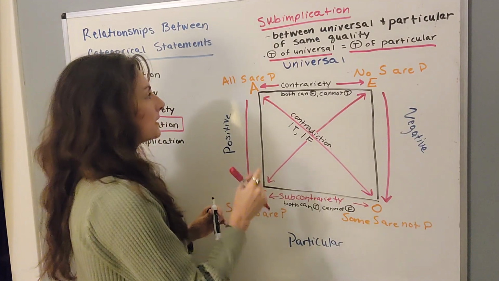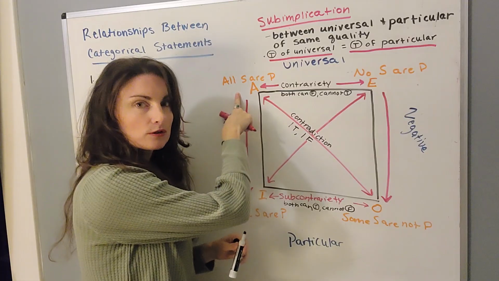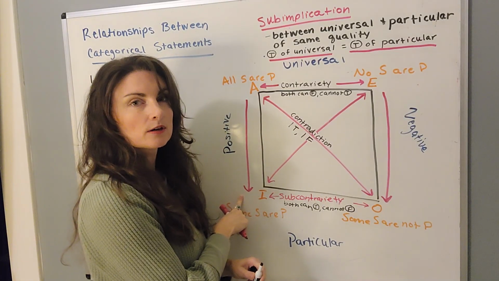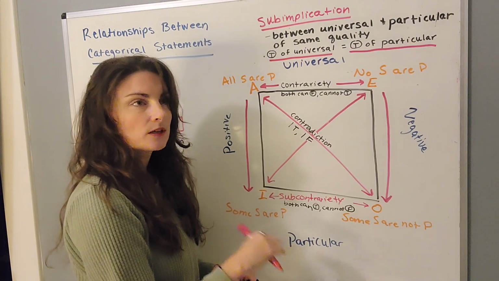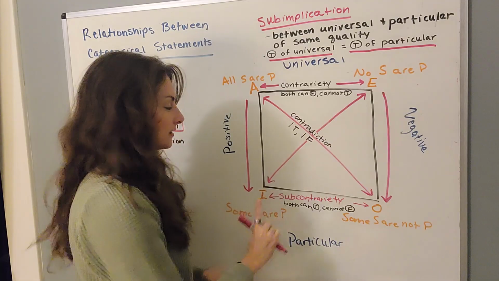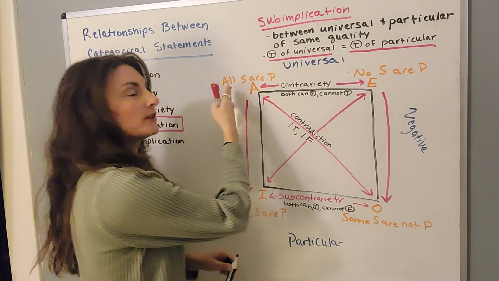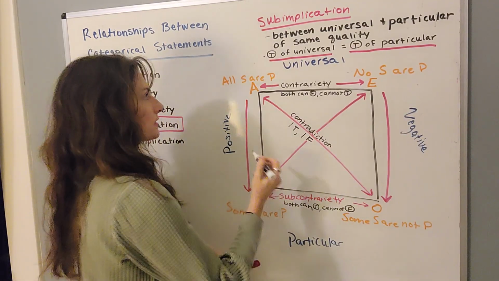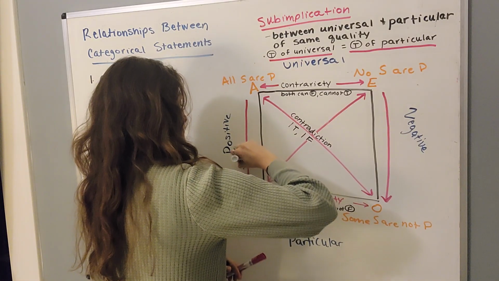So for subimplication, the truth of the universal necessitates the truth of the particular, but it is only dealing with the truth, not falsity, and it does not go from particular up to universal. It is only from the top down. So I'm going to write here subimplication, sideways here.